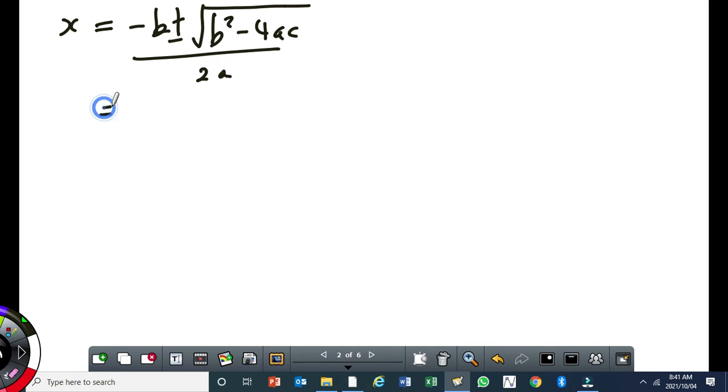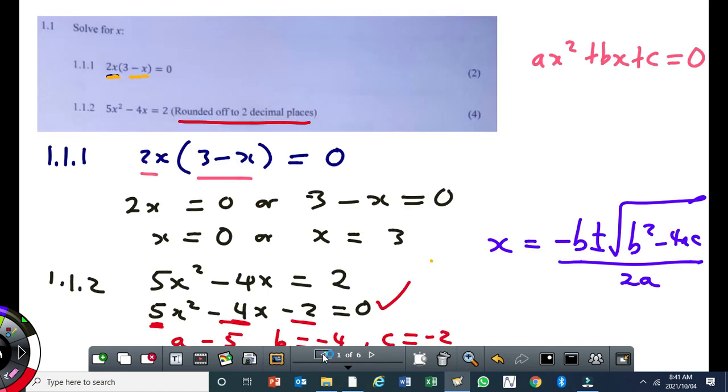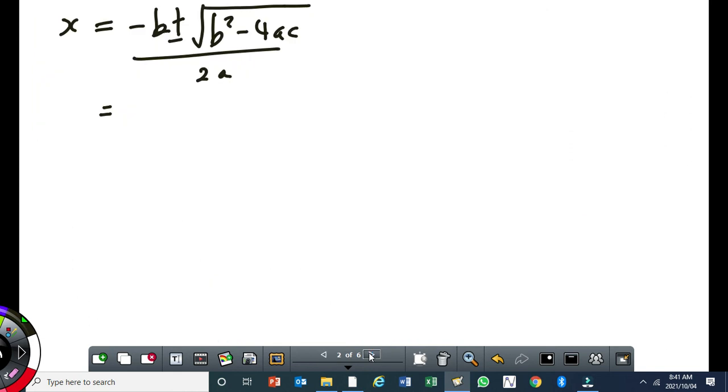Now my b is negative. So when I substitute into this formula, remember this negative here, that's the negative of the formula. If the b is negative, then you put the b in brackets.